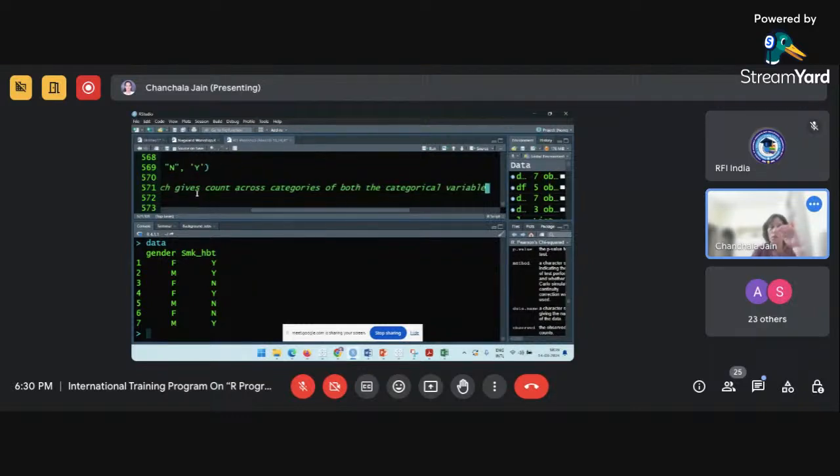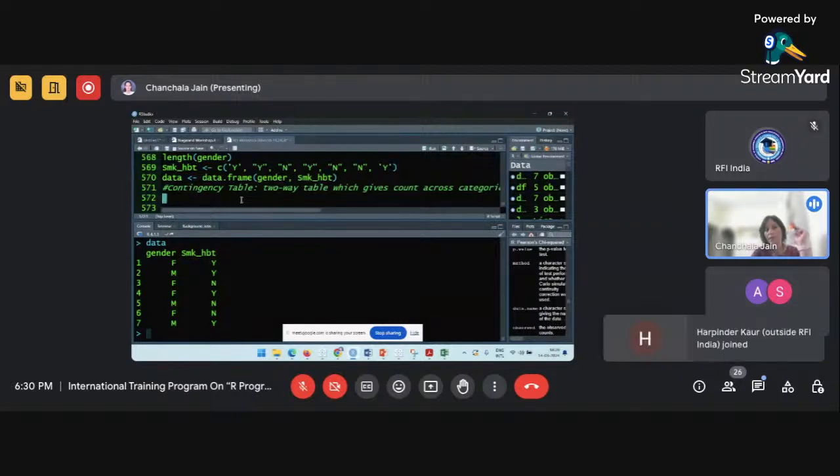So I need to count. I need to make a simple table that for this particular combination, suppose the gender is female and the smoking habit is yes. In this context, how many of the females are saying yes and how many of females are saying no, right? So that way I need to create a contingency table first for performing the chi-square test for the independence of attributes, right? So what I need to do, I need to make a table.